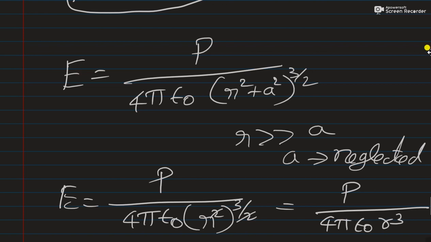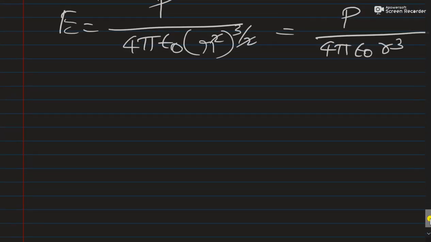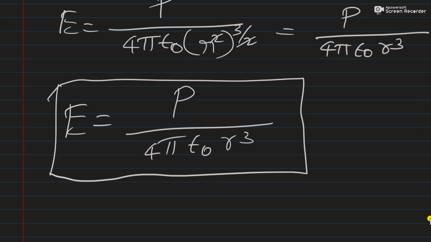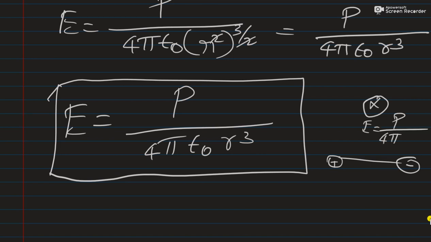So, we got the final equation, it is a very important equation: electric field due to an electric dipole at an equatorial line is P divided by 4 pi epsilon naught R cube. This is the final value of electric field due to an electric dipole at an equatorial line.